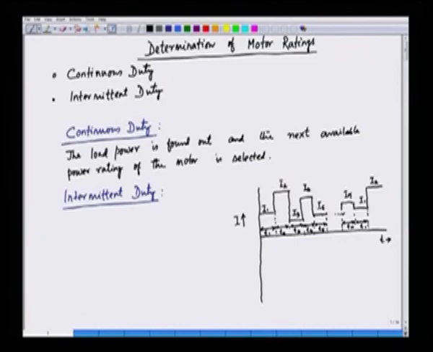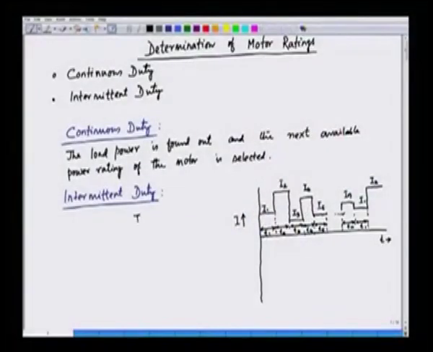So what we can say is that the currents are defined here, I1 to IN, and the respective intervals are also known. Now why do we say current? Sometimes the torque and the currents are related. So we assume here that the current is proportional to the torque. If we know the torque variation, we can easily find out the current variation.